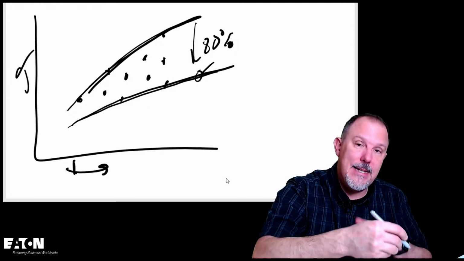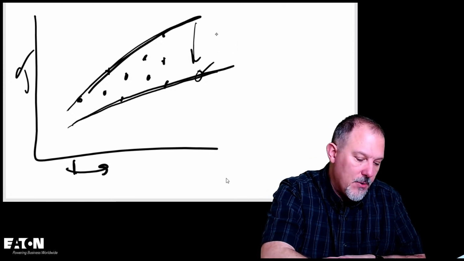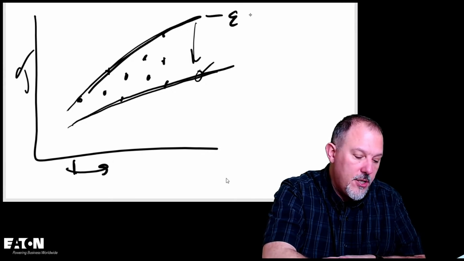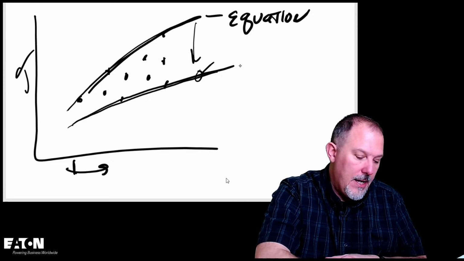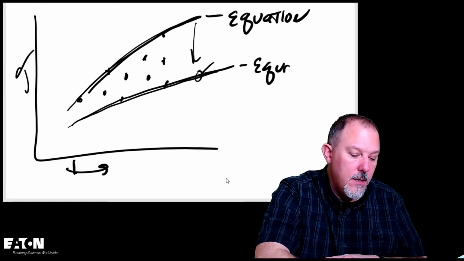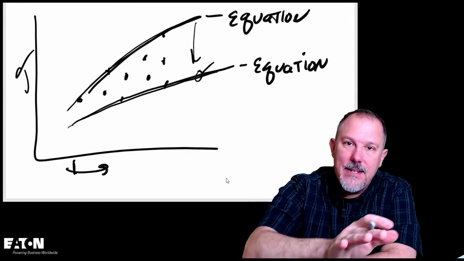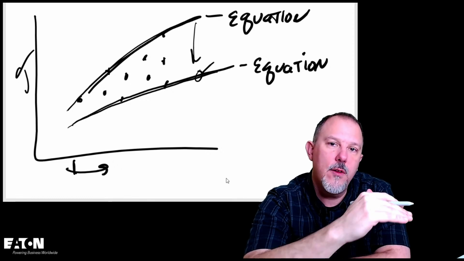So what he did in the 2018 version is, instead of the 80%, he has an equation for that curve, and he has an equation for the minimum. So basically, your minimum arcing currents are greater than what they used to be.